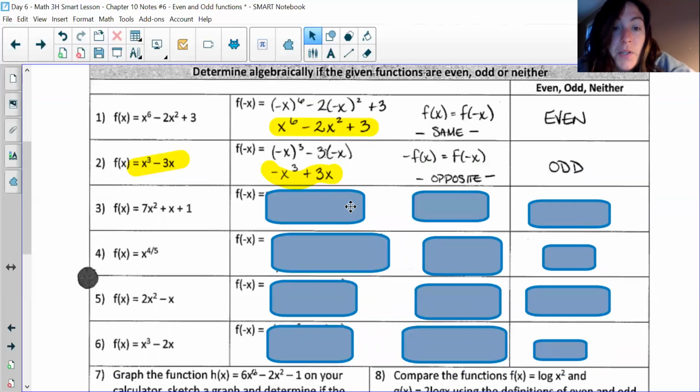Next example, substitute in negative x, and we end up getting 7x squared minus x plus 1.